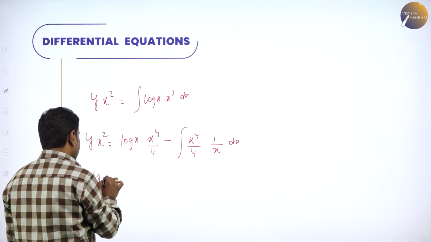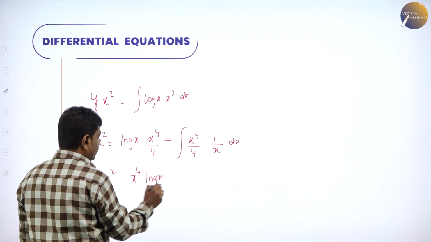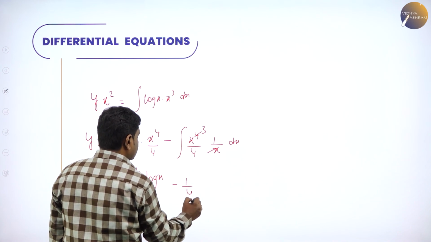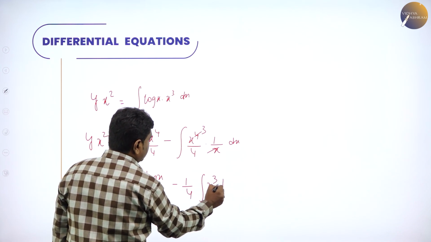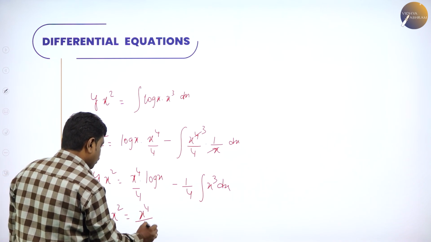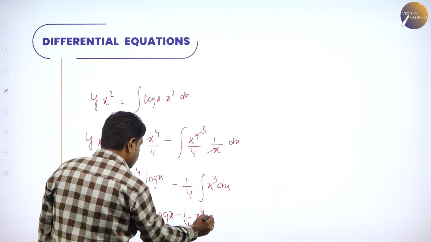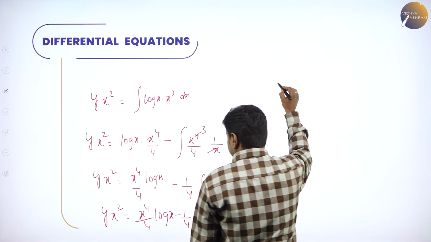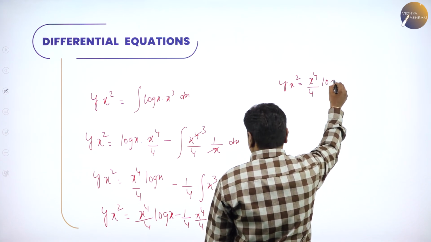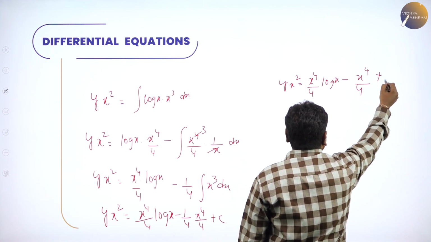So y x square is equal to x power 4 log x by 4 minus, this x and x cancel, 1 by 4 is constant, integration of x cube dx. Simplify this, so it will become x power 4 by 4 log x minus 1 by 4 into x power 4 by 4 plus c. Finally we are left with y x square is equal to x power 4 by 4 log x minus x power 4 by 16 plus c.